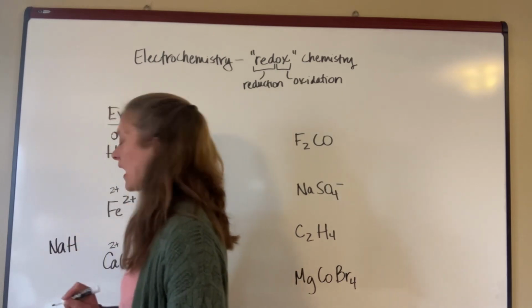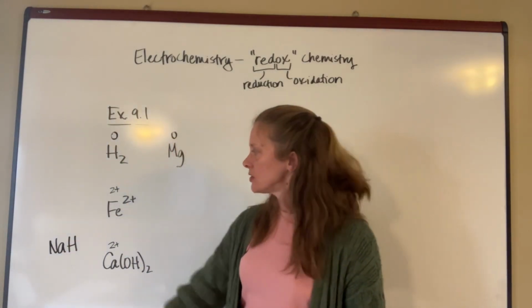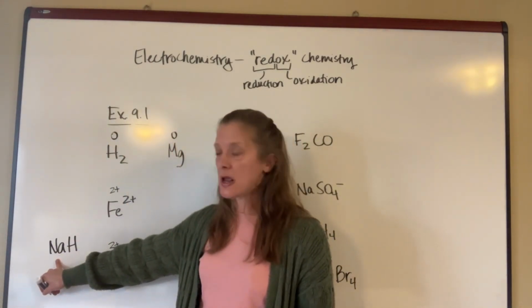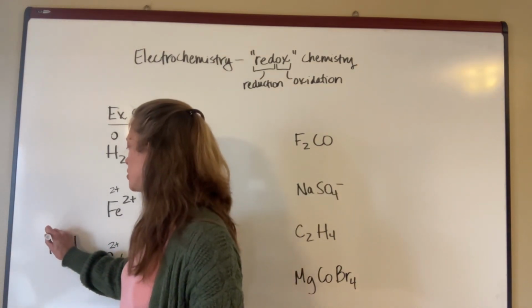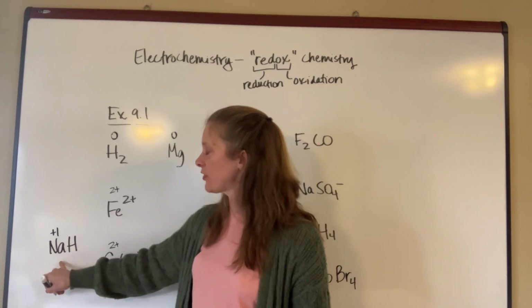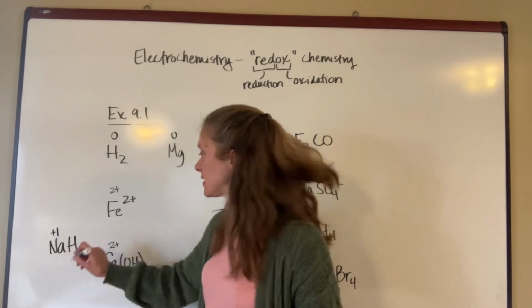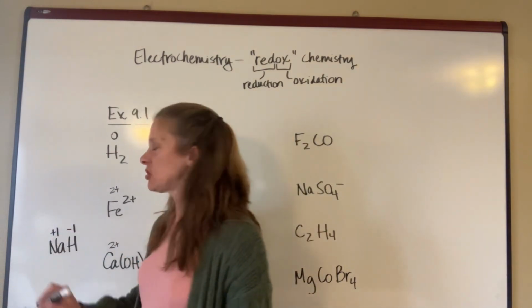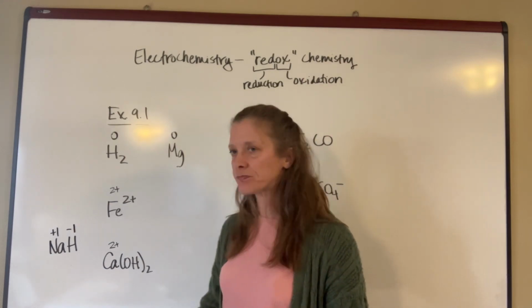So as an example, if I have sodium hydride, okay? Sodium is in the 1A column, so I know it's going to have an oxidation number of a positive 1, but because the hydrogen is with a metal, in this case, the hydrogen is going to have an oxidation number of negative 1.